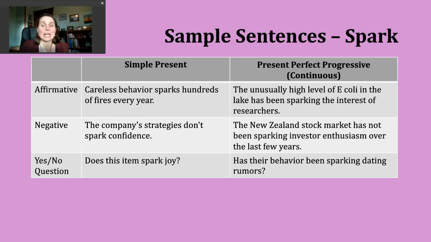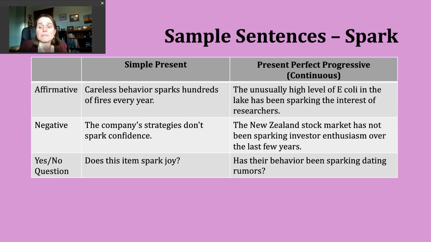Finally, let's take a look at making a yes or no question in the present perfect progressive. Okay. Well, to do that, we're going to start with have or has. Whichever form matches our subject, that subject comes next. Then use the participle been, and then the ing ending to the verb. Here's a last example.